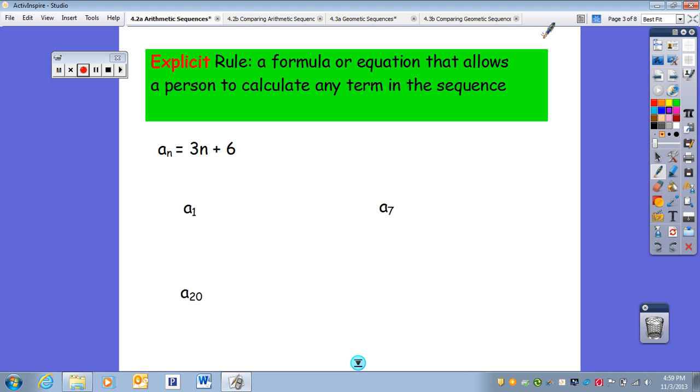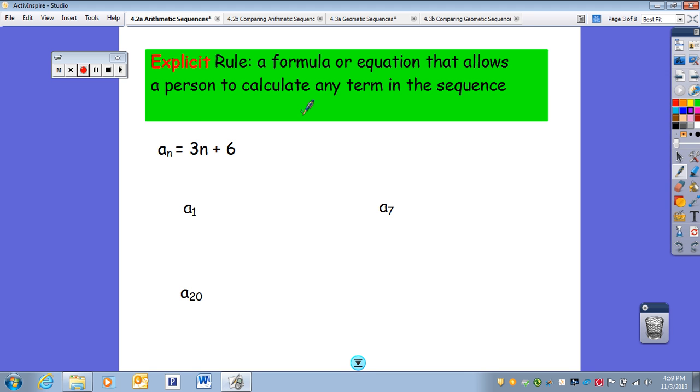So here is a rule that is describing a particular sequence, and it says that a sub n, remember from our last lesson that that gives us the exact term that's in the sequence, equals 3n, where n is the number of the term, plus 6.